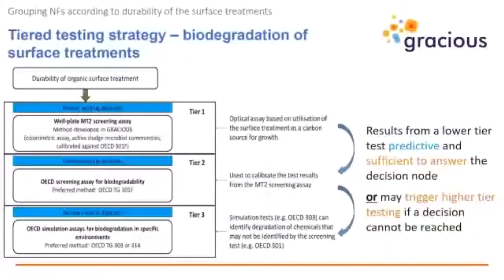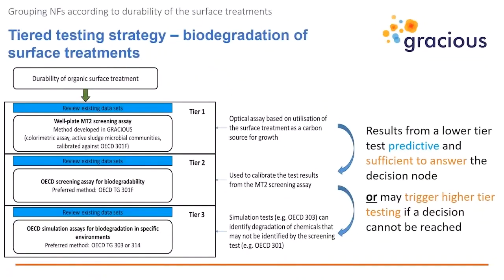To support this hypothesis at UKCEH, we have developed a tiered testing strategy to answer this question over whether the surface treatment is biodegradable. To do this, we've optimized and adapted a well plate-based MT2 screening assay that can screen for whether the surface treatment chemicals are biodegradable.